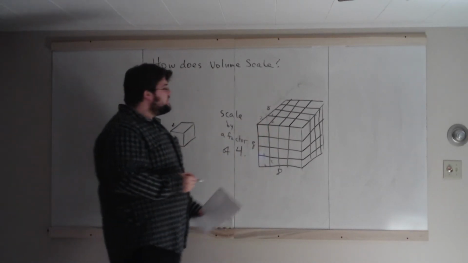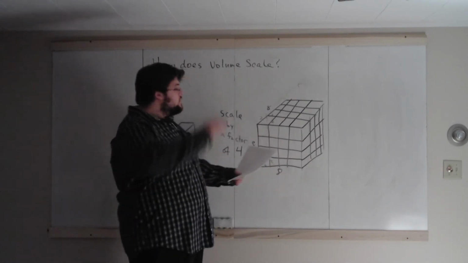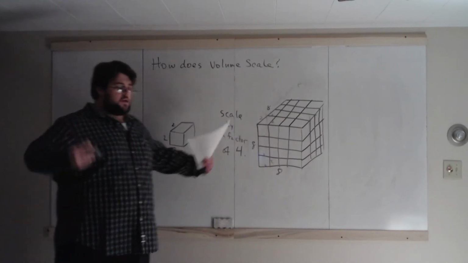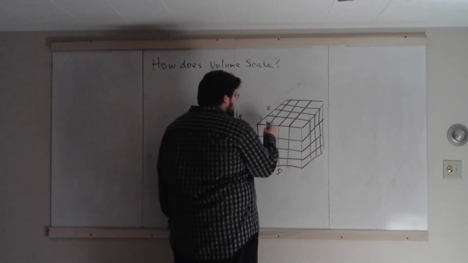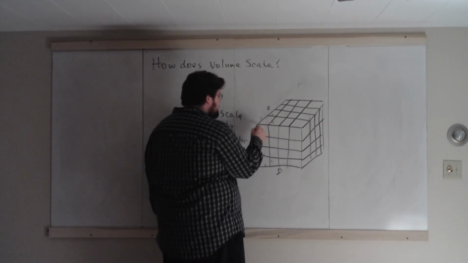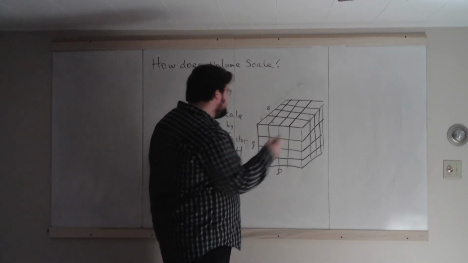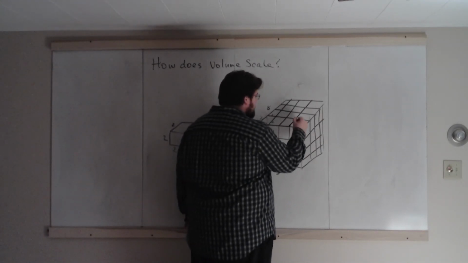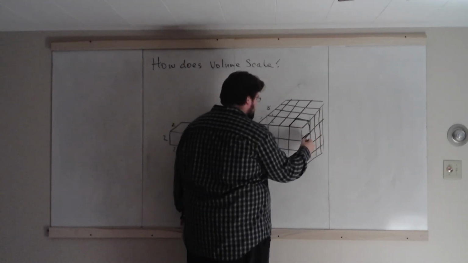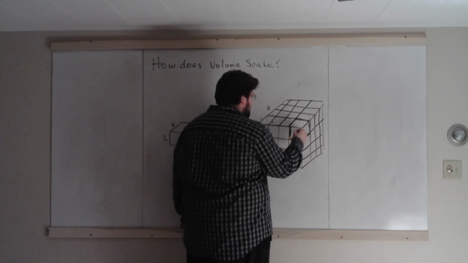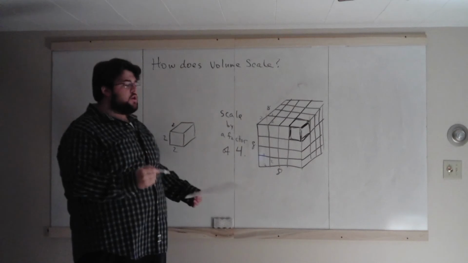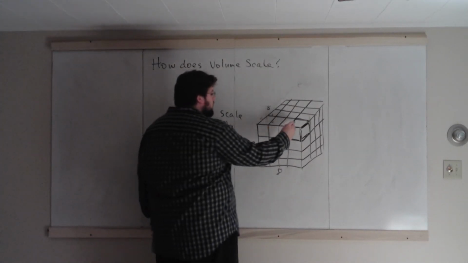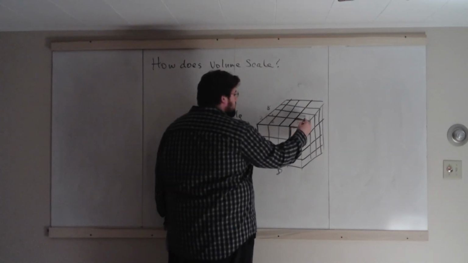Well, to do that, let's just look at the top layer and then multiply by the number of layers. How many cubes are there on the top layer? Well, let's start over here. There's this one with these sides. So right here in that corner, there's one cube. Here's a second one.